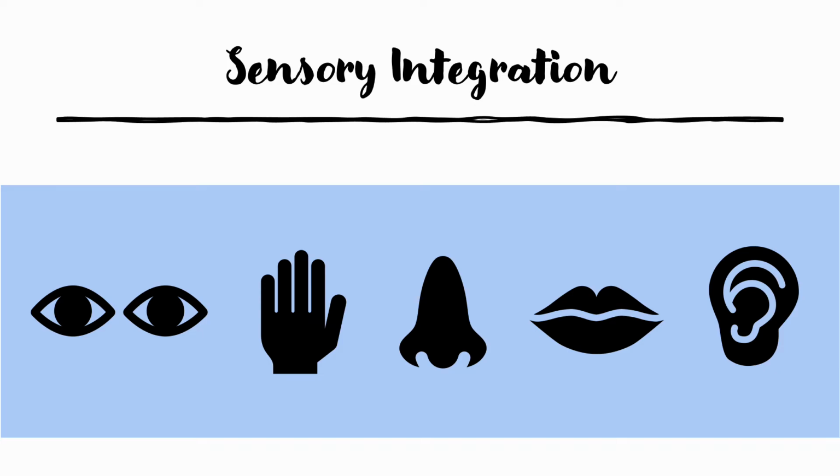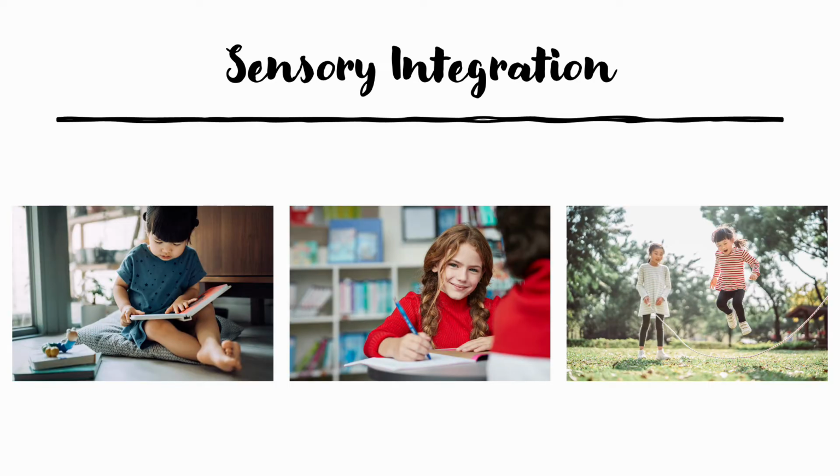It is our brain's ability to categorize the information from multiple senses within our environment to produce a response. Most simplistically, sensory integration is how our bodies integrate sensory pieces to make a whole picture of the world around us. Sensory integration is how our body processes the sensory information within our environment.